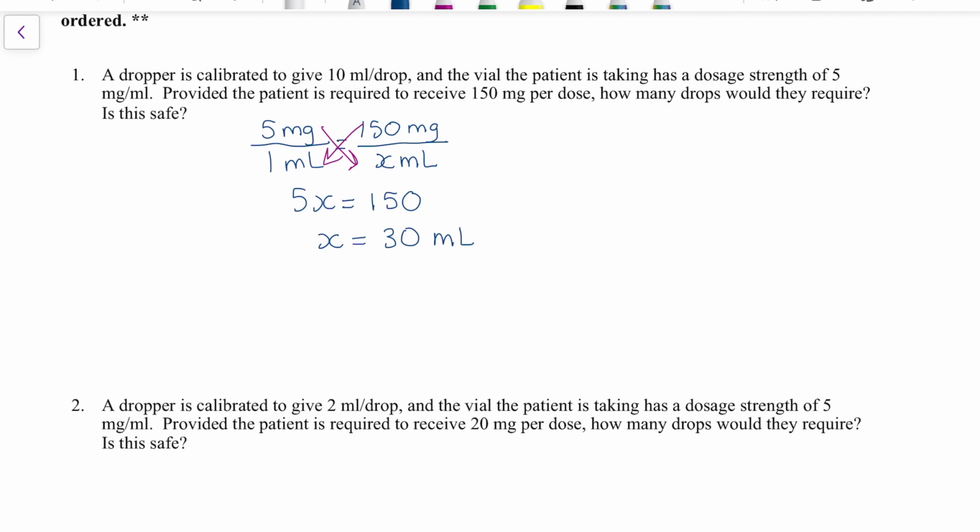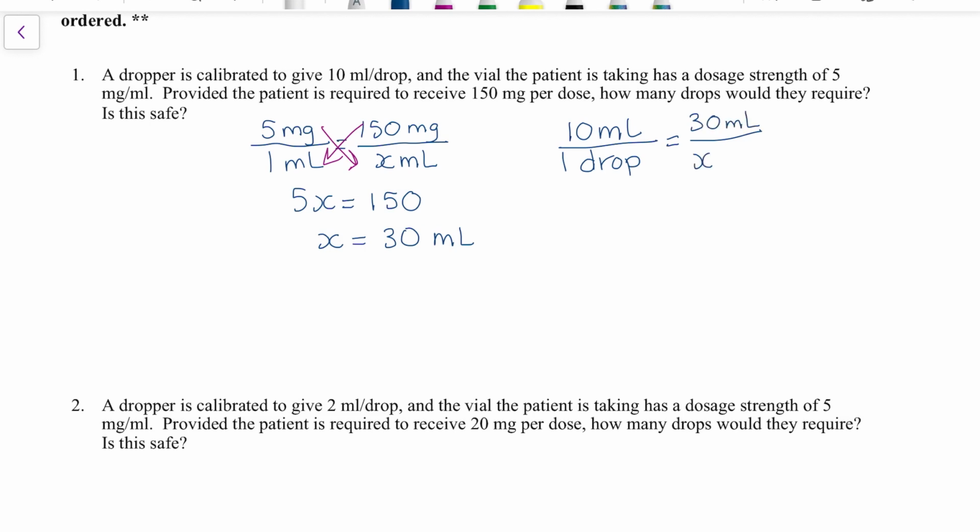Now I'm going to take that 30 milliliters and put that into drops. So a lot of you again can just look at this number and know, but I'm going to show you the math just in case it doesn't work out as nice as this one does. But we're looking at, again, available to us is 10 milliliters in a drop, in one drop. We need 30 milliliters.